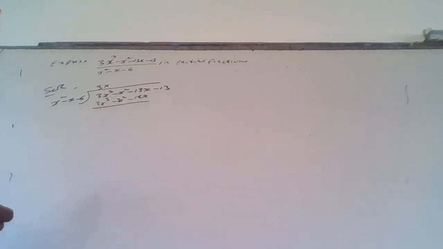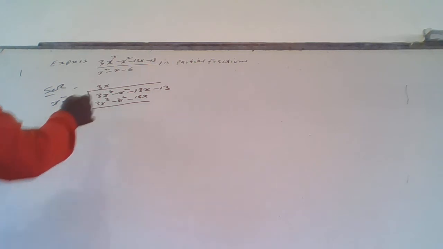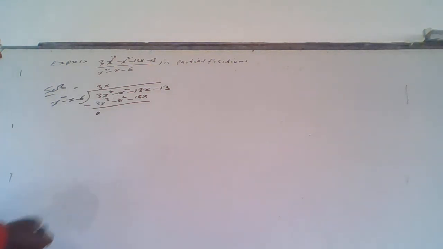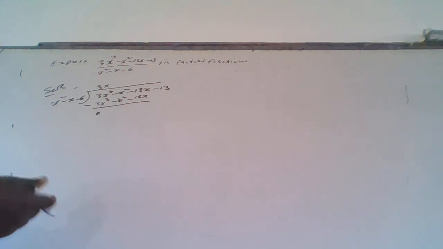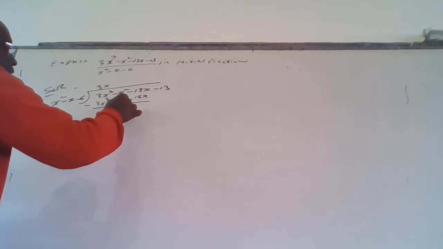Then we subtract. 3x cubed minus 3x cubed, you have 0. Then negative x squared minus negative 3x squared, it's the same as negative x squared plus 3x squared, we remain with 2x squared.